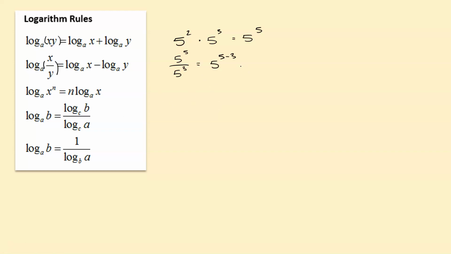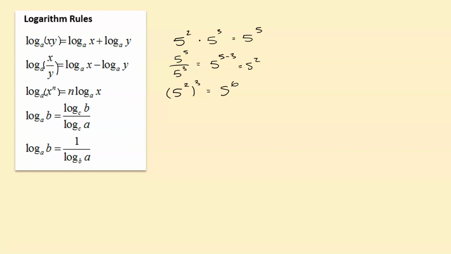Another thing is if you have an argument raised to an exponent, you can bring that exponent out in front and multiply it. And that comes from, if I have 5 squared and raise that to another power, I'm multiplying two exponents together. Right, so that's where that rule comes from. You can move that exponent out in front and turn it into multiplication.